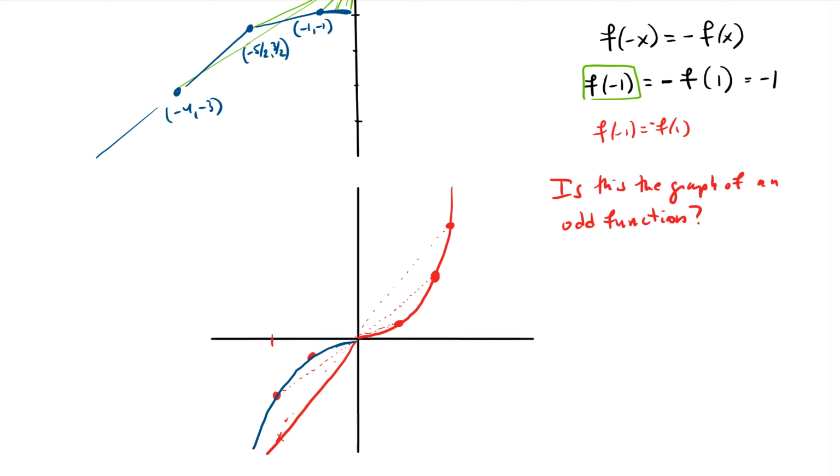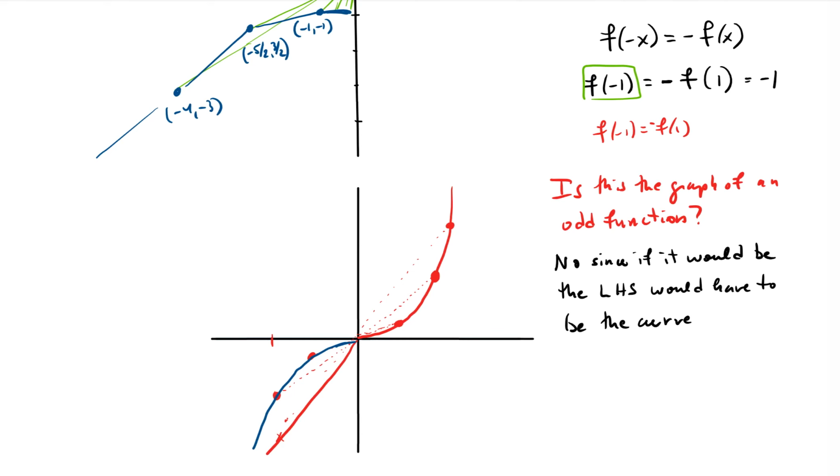So we could actually write this down. Since if it were odd, the left hand side would have to be the curve in blue.